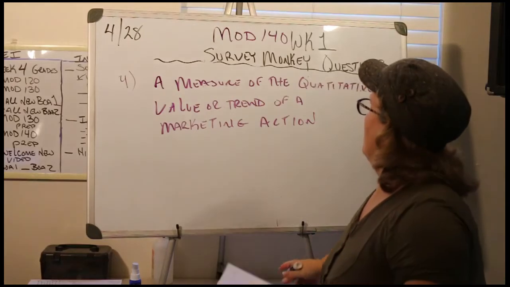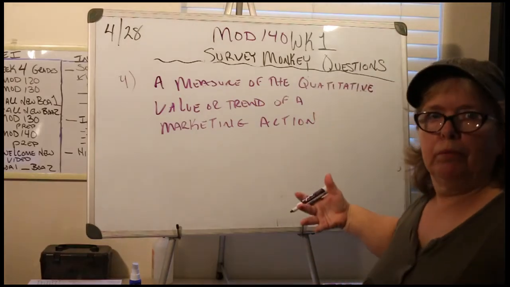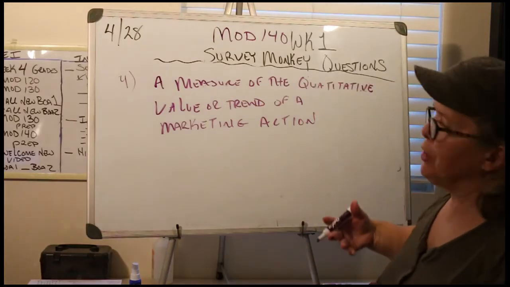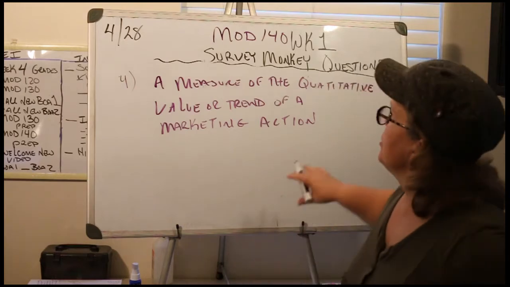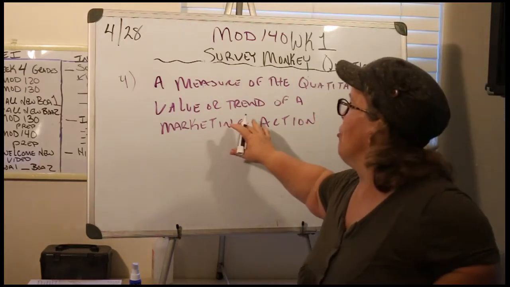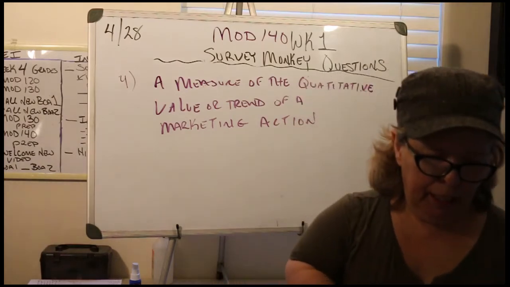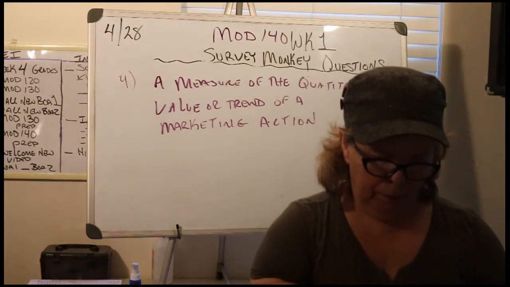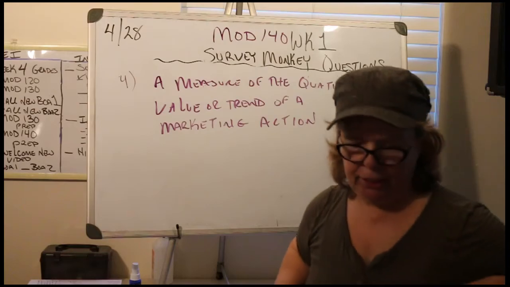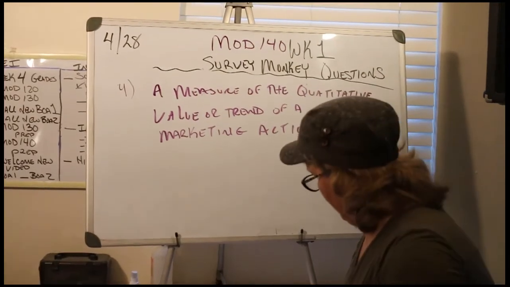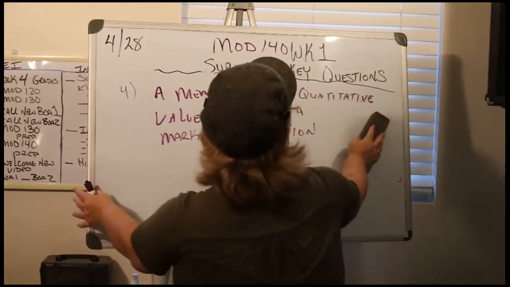Quantitative means there's a number, some type of number. So metric means to measure. So a measure of the quantitative value or trend of a marketing action. That can be found in the textbook, and it's like your stats. Yeah, exactly, like your stats. Okay, so let's do the last one, number 5.